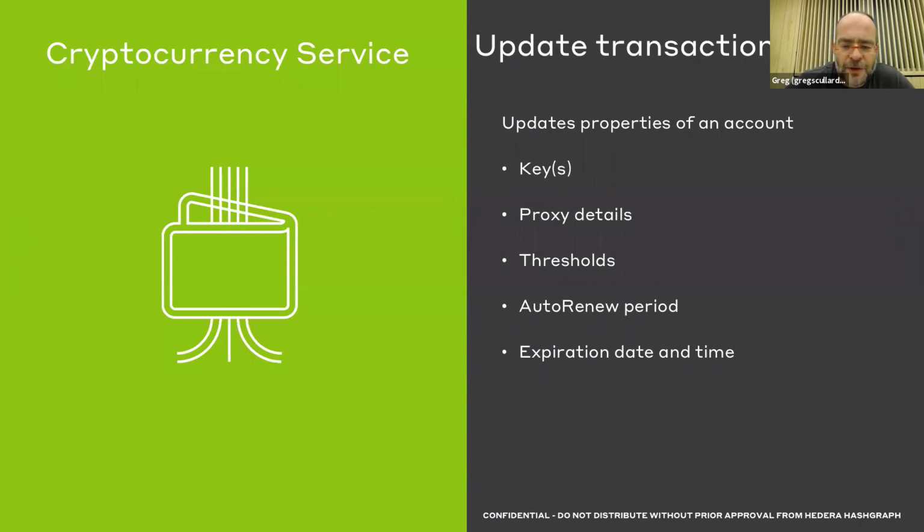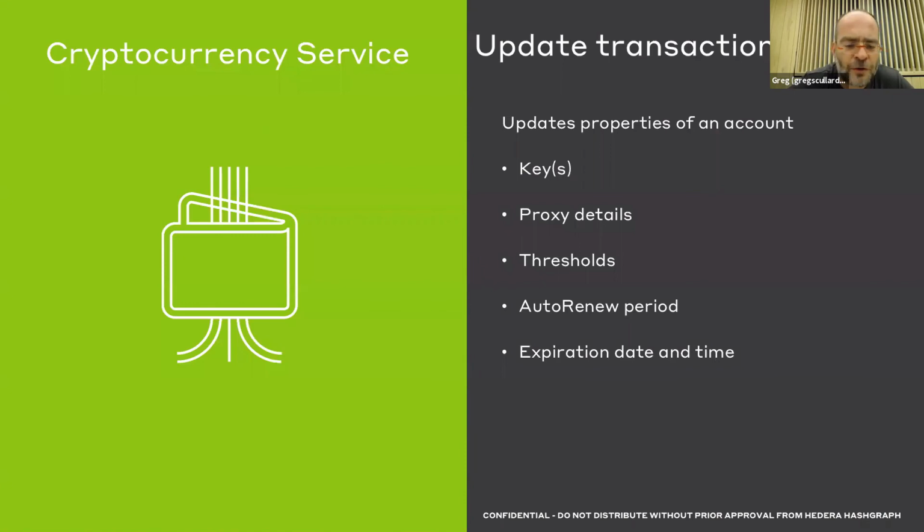So we've created an account. We've potentially added and deleted claims to it. We may want to update some properties of an account, and we're starting to look at some control mutability elements of Hedera Hashgraph. So more specifically, and I'll get back to keys in a second, you can change who you're proxying your coin to.